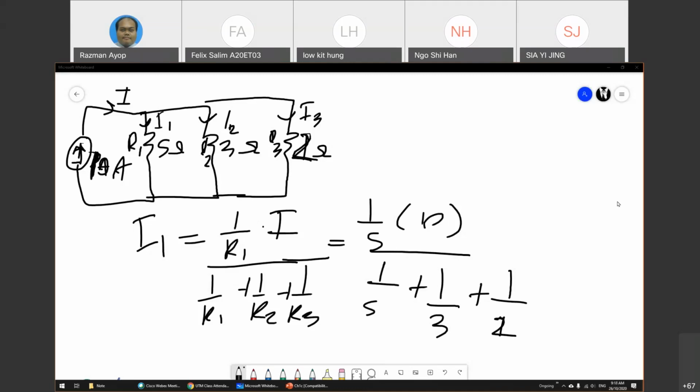So you get the answer. Don't forget to change into decimal. So I1 is equals to 1.93 ampere.